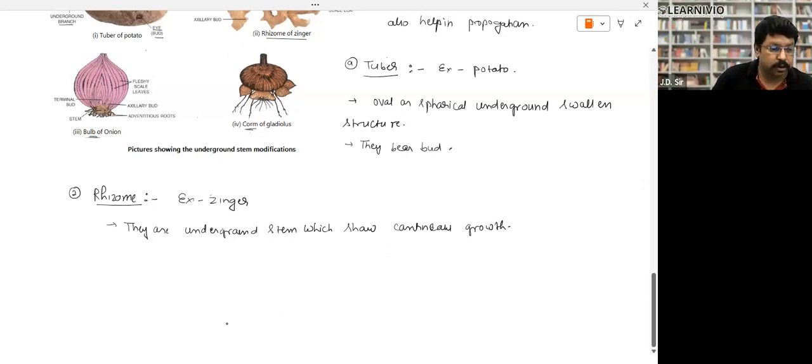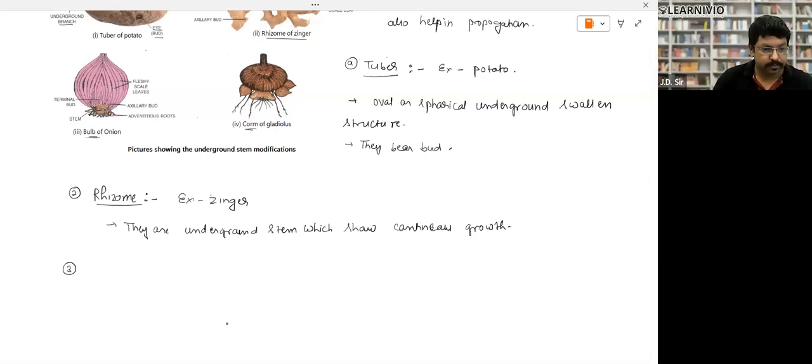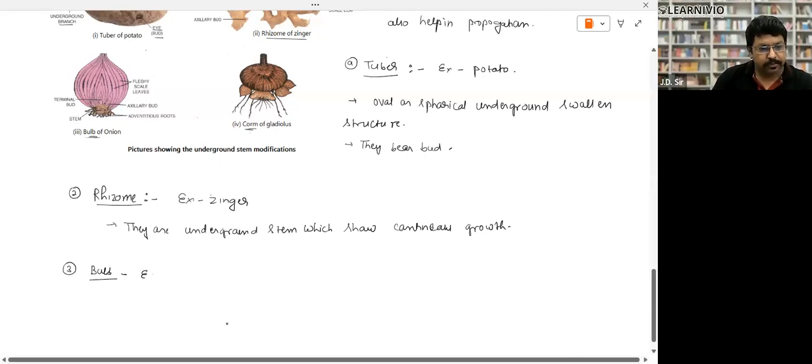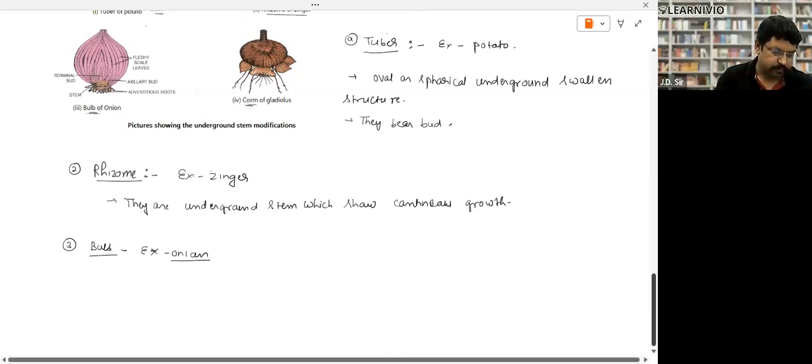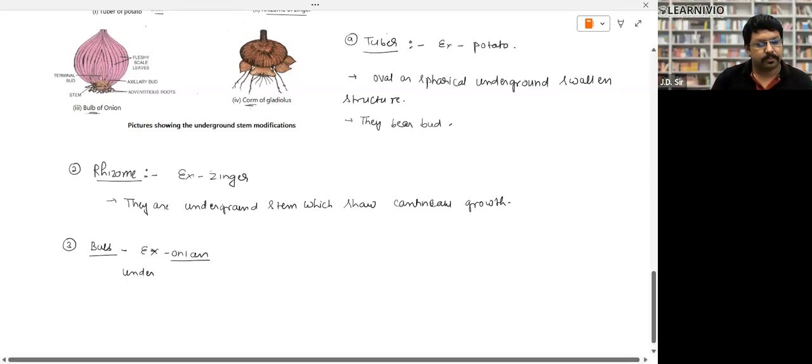So the third one, after rhizome, is the bulb. Example is onion. It is an underground pyriform spherical structure.